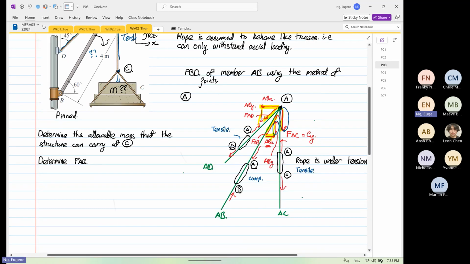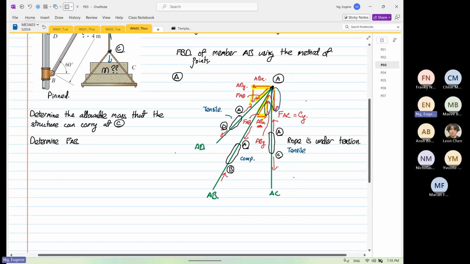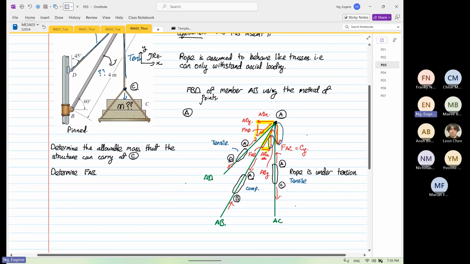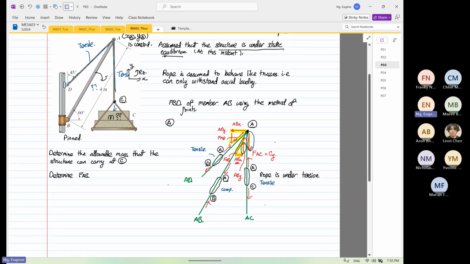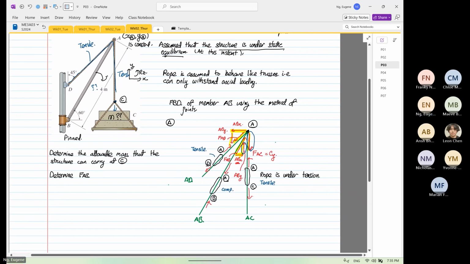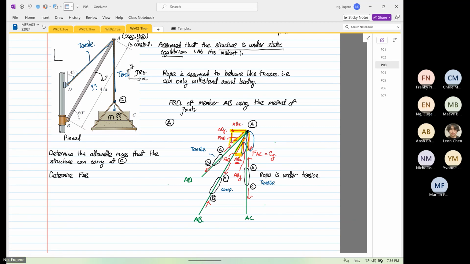But before we determine FAB, if I have to draw the transformation again, this is our X and Y, and this is our rotation Z. Let's form the equation for FAB first.